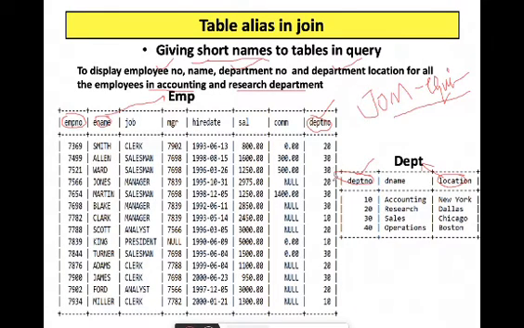After matching each row of this table with the matching row of the dept table, you have to apply a filter. That means other than the equi-join condition, you have one more condition: the department should be accounting or research. Sales and operations are not to be picked. Now let us see how we'll do this query.